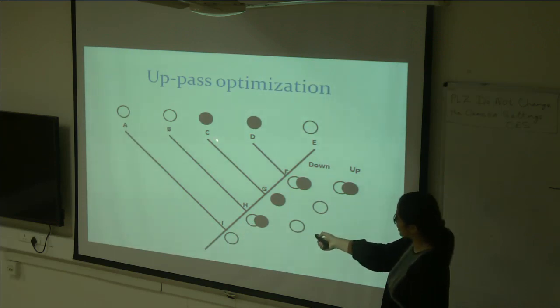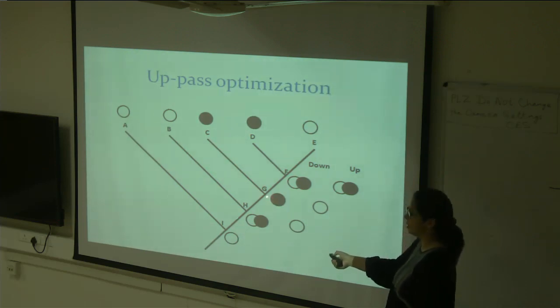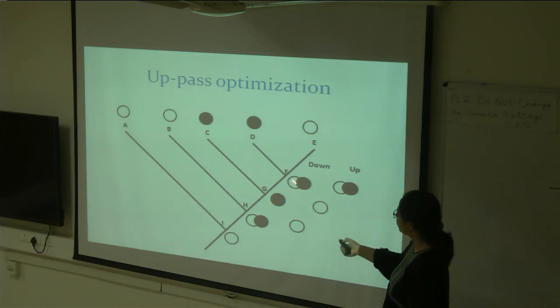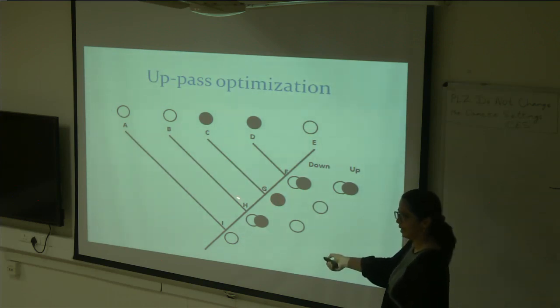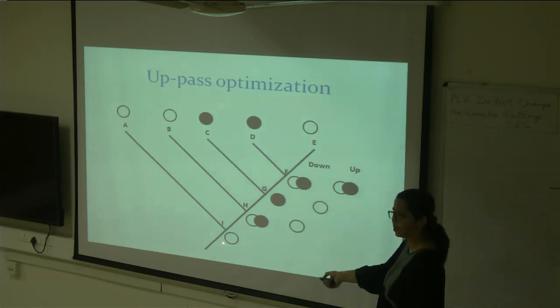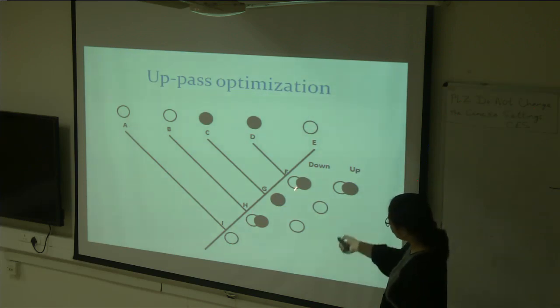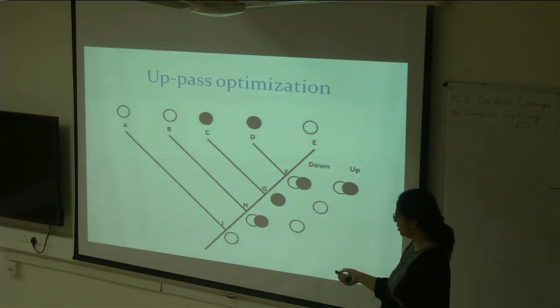Now F and C will dictate what's the ancestral state for G. You have two black circles, one open circle. What will be the ancestral state? Black circle. Now this G and B will dictate H. Right? B is open circle, G is solid circle. So you have 50-50. Again, G and A will dictate what's I. Right? So when you do this, it's down pass optimization.